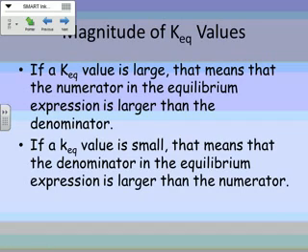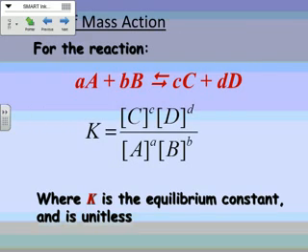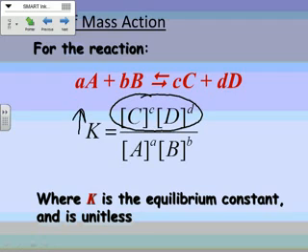The magnitude of the values. So this sort of tells you something, okay? If you've got a KEQ that's large, that means the numerator is larger than the denominator. So coming back over here, okay, if this K is a large number, then that means these numbers must be bigger than these numbers, okay?